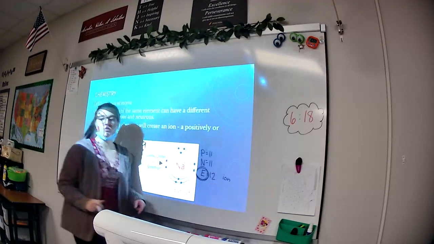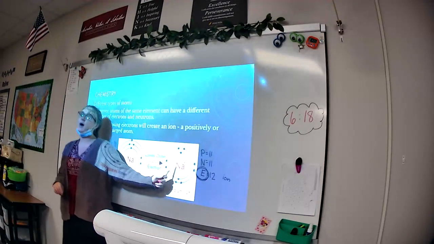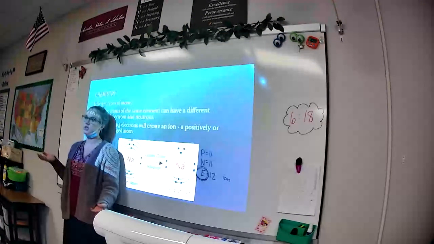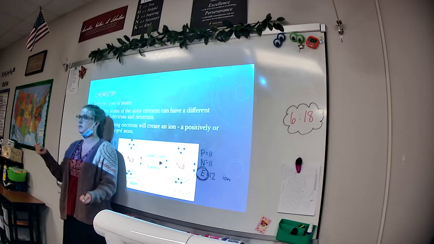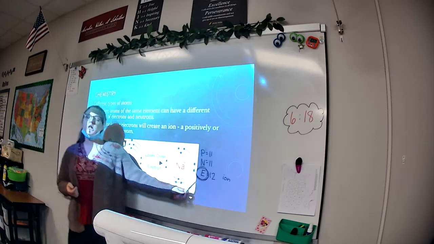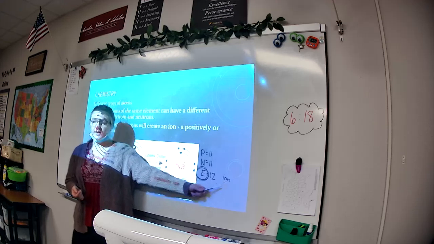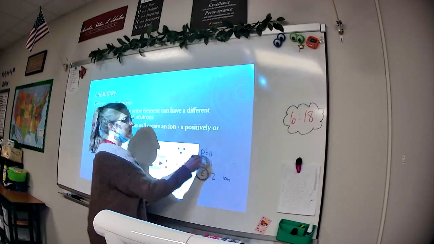It added an extra one. I still have an ion, but instead of a positive charge, it now has a what charge? Negative charge, because the negatives outweigh the positives. You see what I'm saying? Not sure if that makes sense. So if I have a different number of electrons, I call that a what, class? Ion. Good.